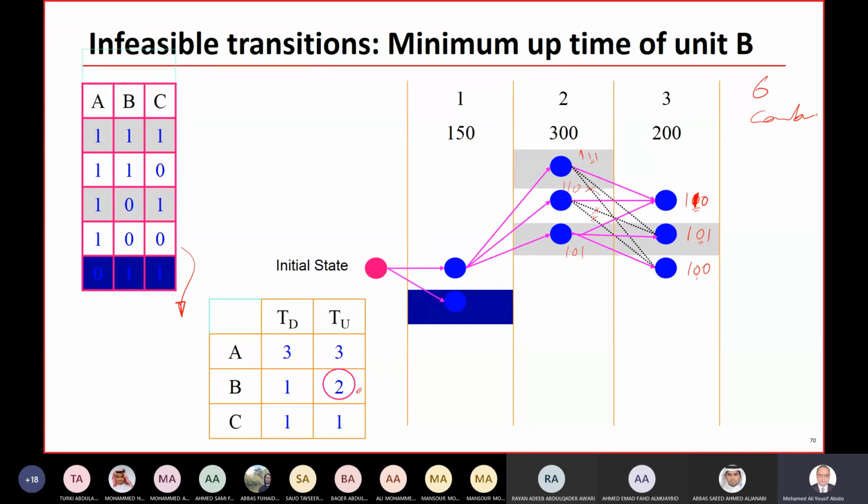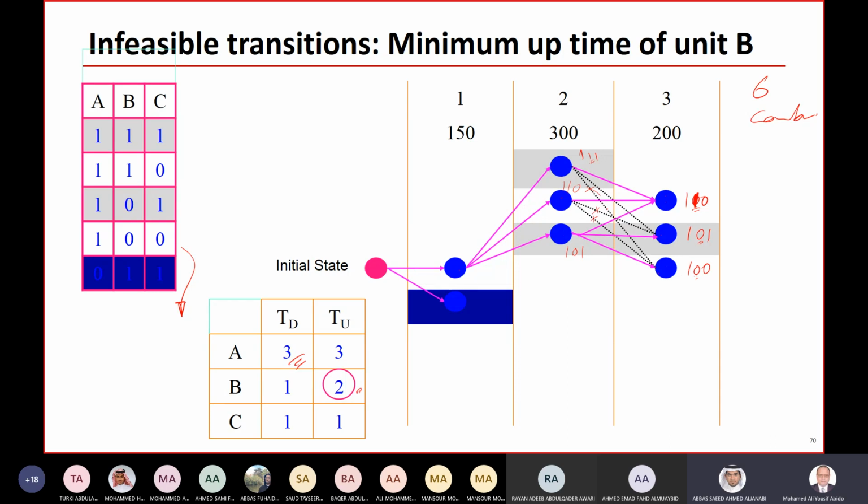And on the shutdown time of unit A, we eliminate 9, and here we eliminate also like 4 solutions here. So the remaining path is that we need to investigate the cost, as you can see here in red color. Do you have any question on that side?